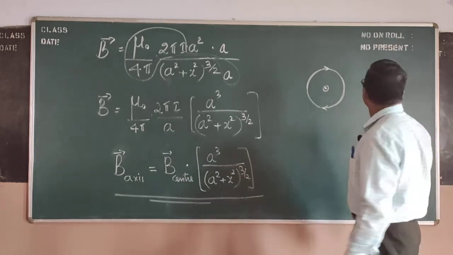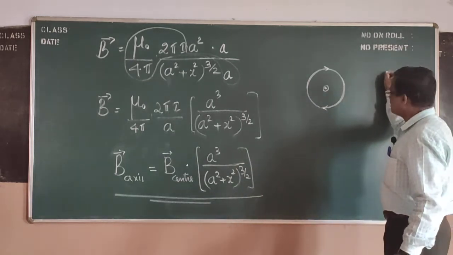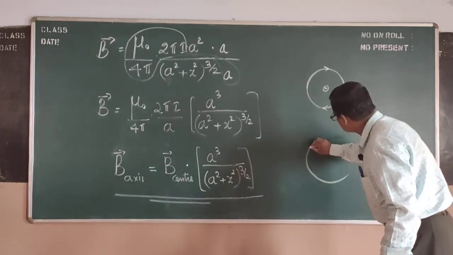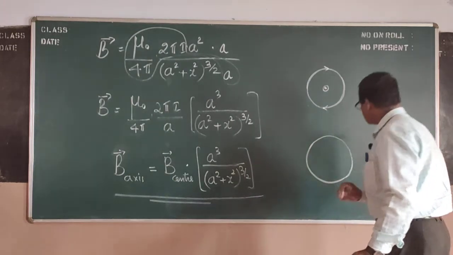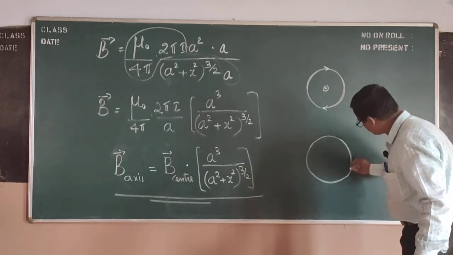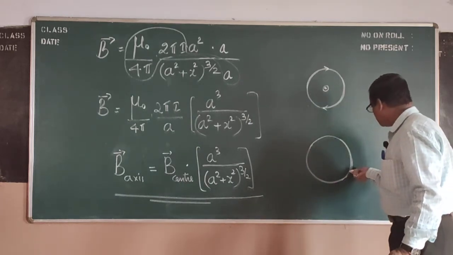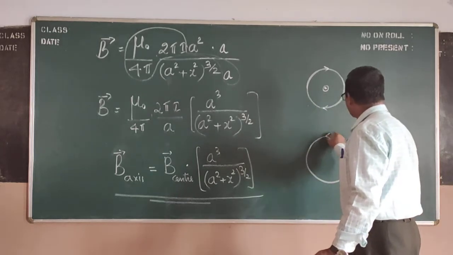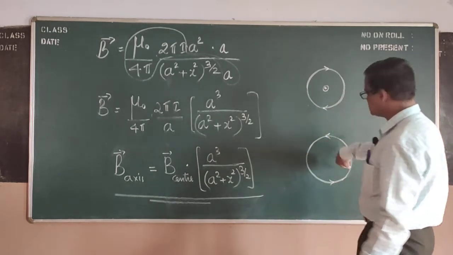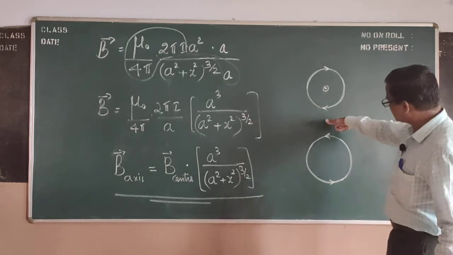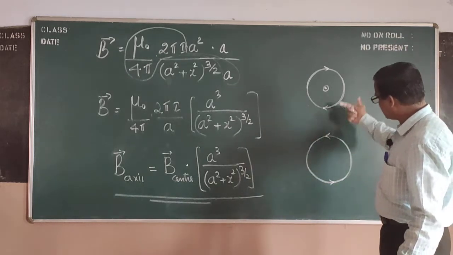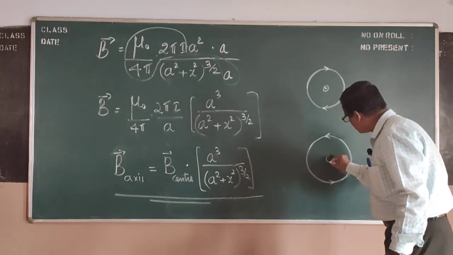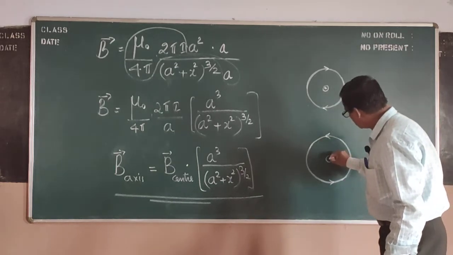Okay. And when I take the other case, suppose the loop is here and that loop is carrying current in the anti-clockwise direction like this. So I will be holding the thumb like this and the field goes like this, and inside the loop from all sides the field is coming towards you.